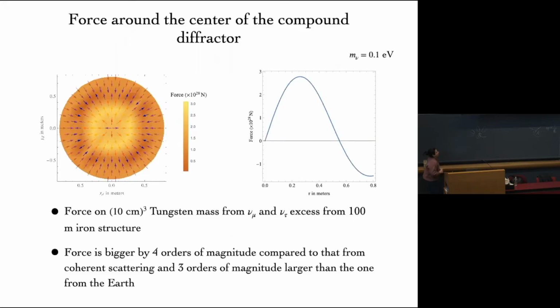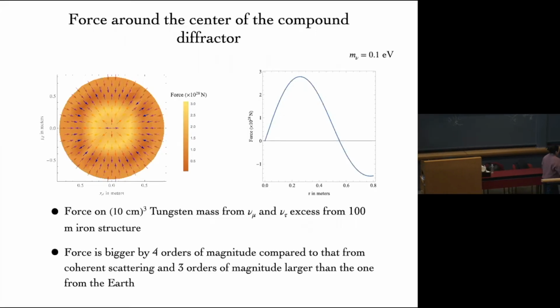Another thing to keep in mind is that I told you that the size of the asymmetry grows with the size of the structure, but because we need to adjust the width of the structure to get the right focusing, or diffraction pattern of neutrinos close to the center, the force actually grows with the square root of the length.